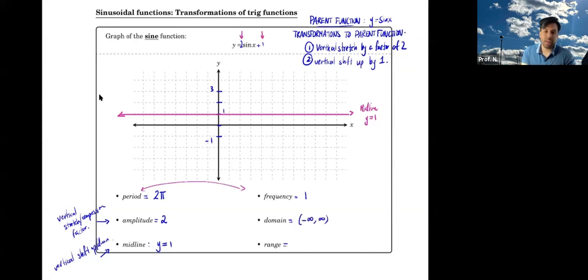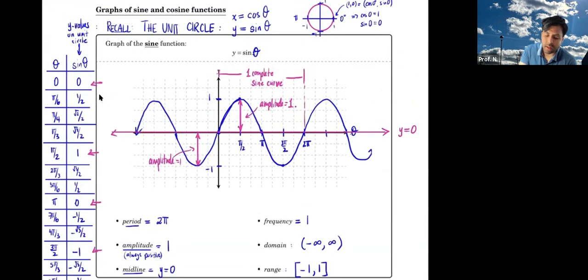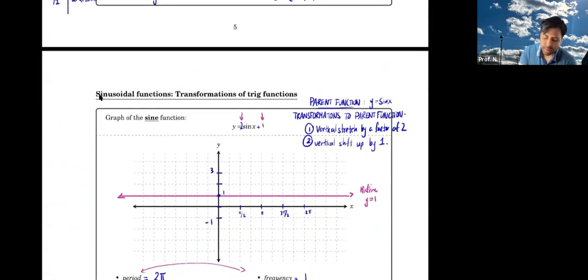Now let's see what happens with the range. So again, I'm going to split my period into 4 parts, as I've done before. I'm going to have at the midline, right? At 0, I'm going to start at the midline. So now we have to make that connection. At the midline, right, for sine, when I start at 0, I start at the midline. Sure, it's the origin, but I start at the midline. Same thing happens here. I start at my midline. Then at pi over 2, I get a maximum.